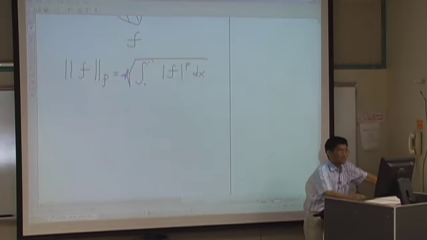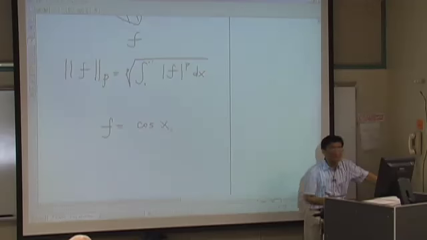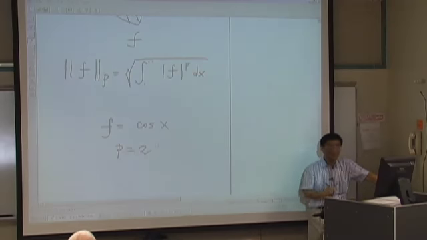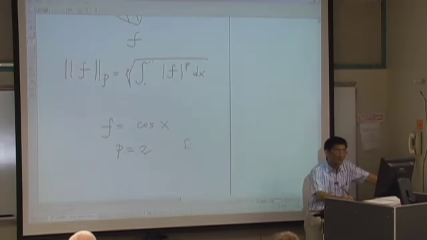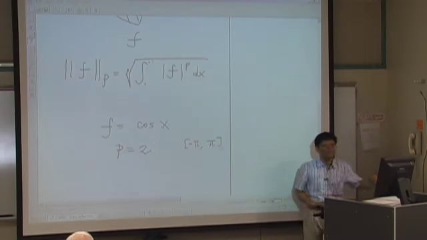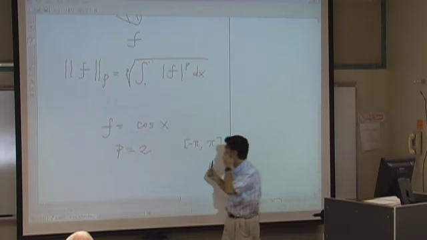So let's do it. It's a little bit theoretical, but this will be used in the future. So assume that the function f is cosine x, and then p happens to be 2, and the endpoints are from negative pi to pi. So this is the situation.